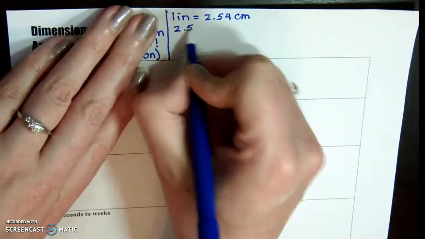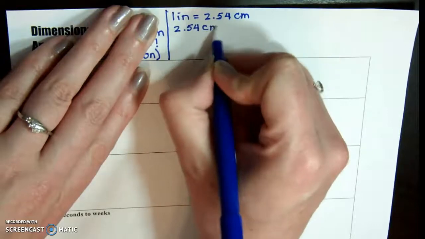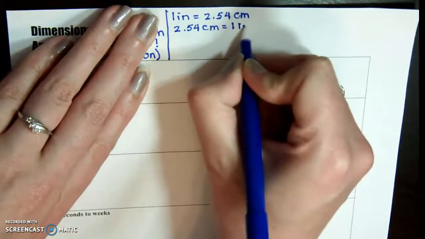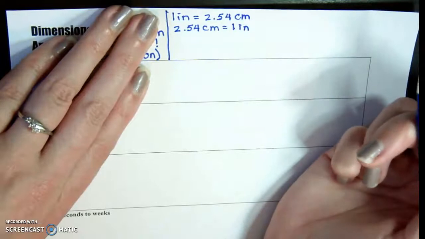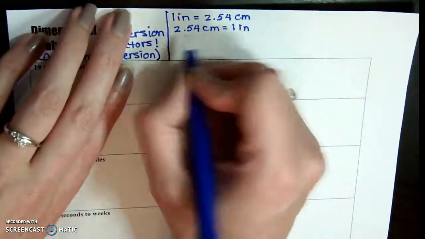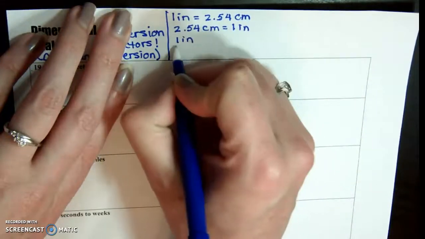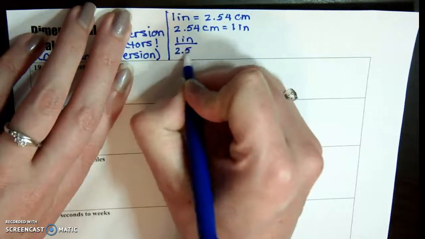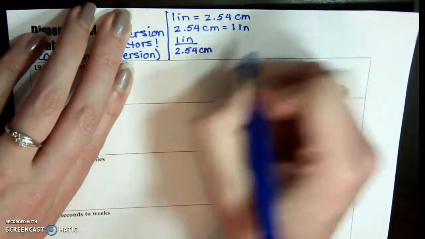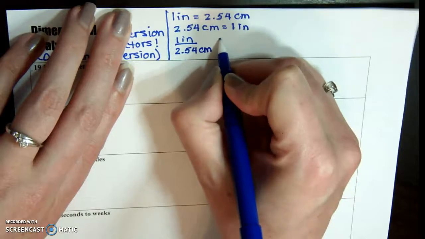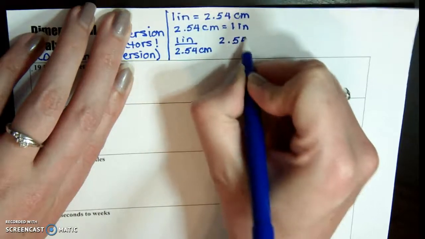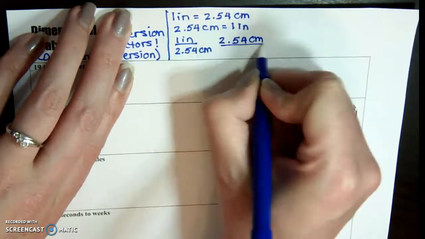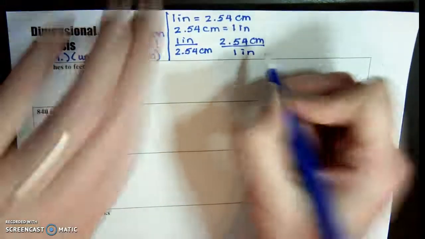You could write that the other way. 2.54 centimeters is the same as 1 inch. Or you could even write that as fractions. You could say 1 inch per 2.54 centimeters. Or you could flip that and you could say 2.54 centimeters per 1 inch.